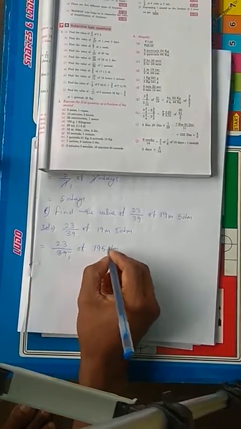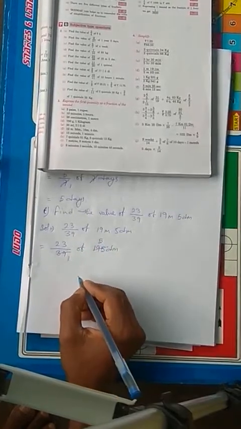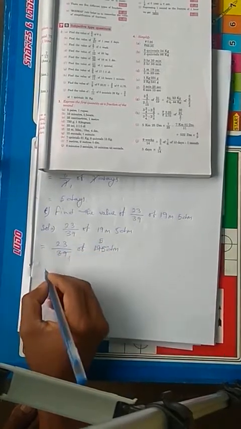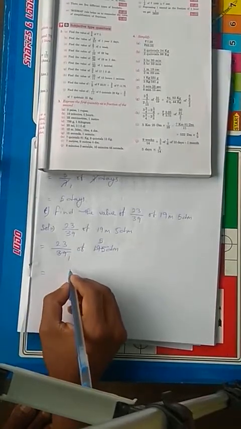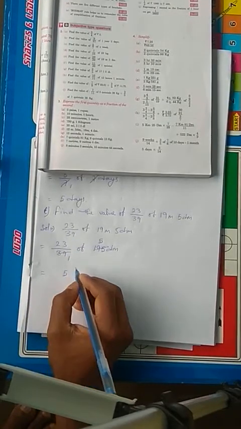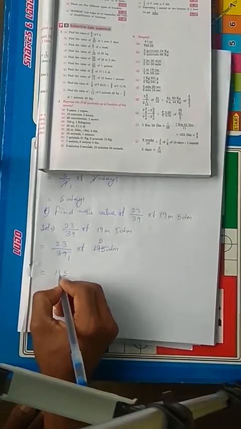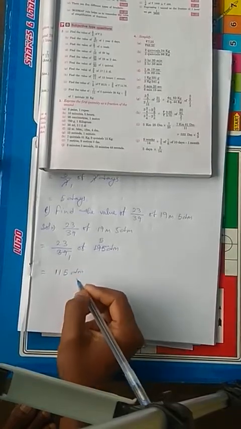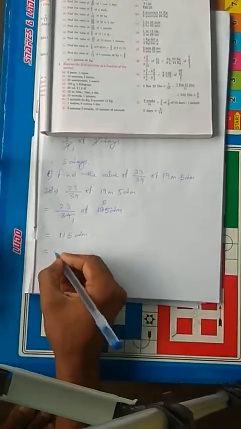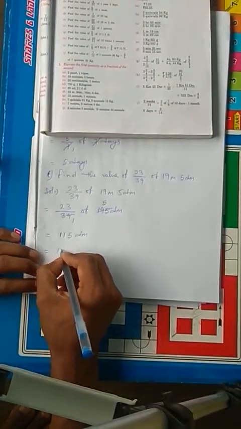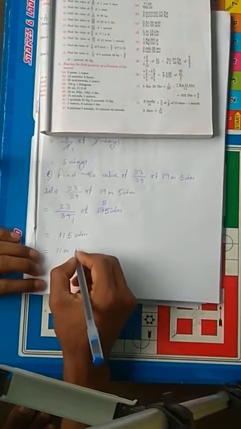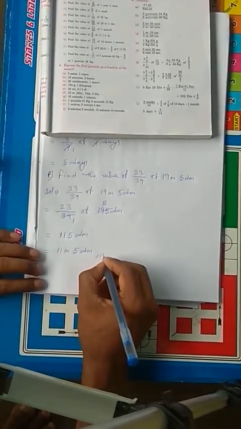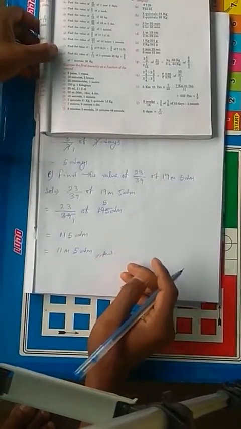So 39 ones are 39, 39 fives are 195. So 23 fives are, 5 threes are 15, 1 remaining, 5 twos are 10, 1 is 11, 115 decimeter. So 115 decimeter means 11 meter and 5 decimeter. That is your answer.